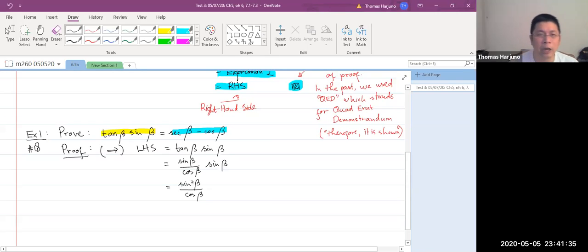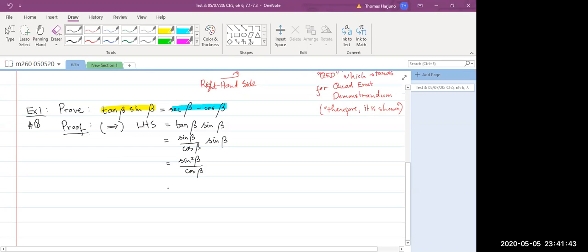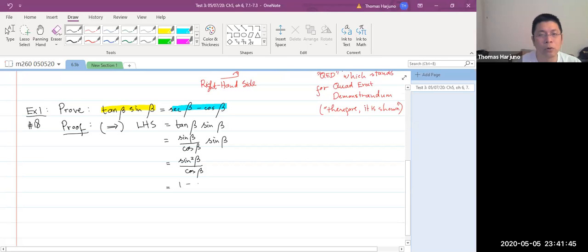Now, any idea how to get there? You're going to change sine squared beta to 1 minus cosine squared beta. So 1 minus cosine squared beta over cosine beta, and then?